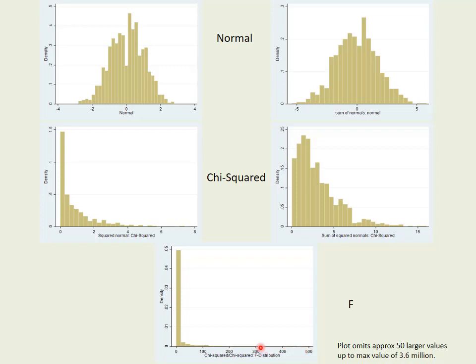To make this plot look sensible so you can understand it, out of 1,000 values I had to cut about 50 out. The biggest one was 3.6 million, so the end of this graph would be quite far to the right. All you really get is this one column and then just a few figures out there. It's crazily positively skewed. So that's the F distribution.